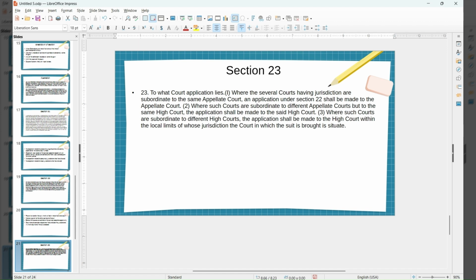When the courts are under different high courts, this is the third condition. To file the transfer application, if the courts are subordinate to different high courts, then the application must be made to the high court where the suit was originally filed.